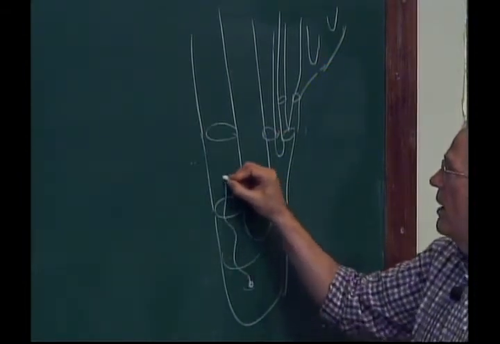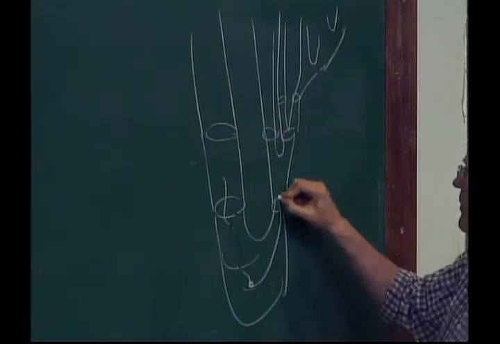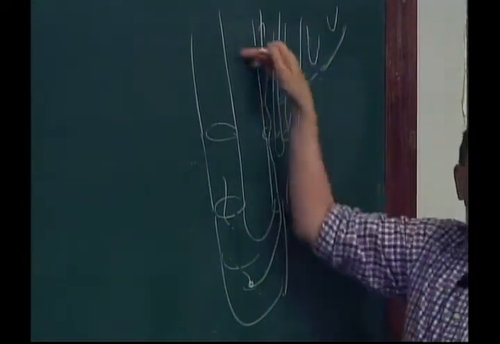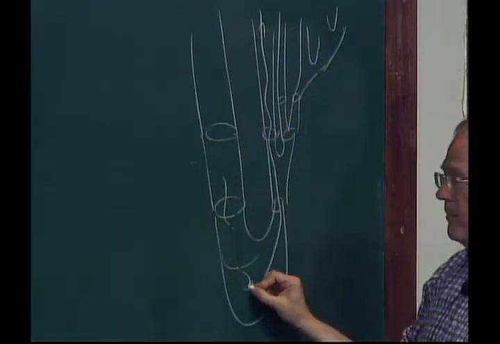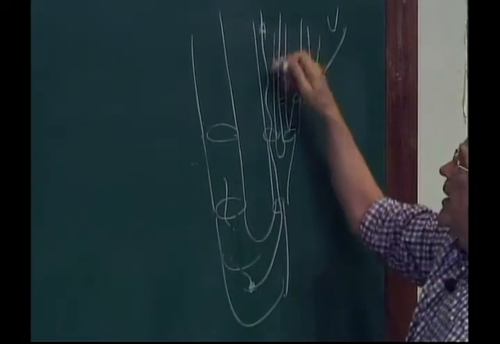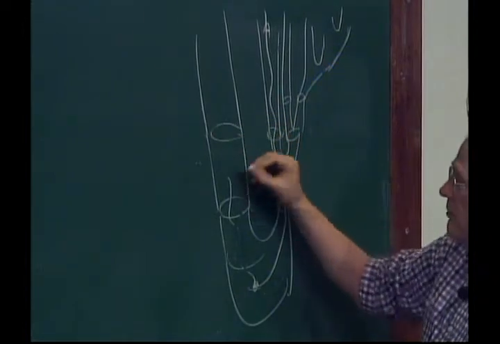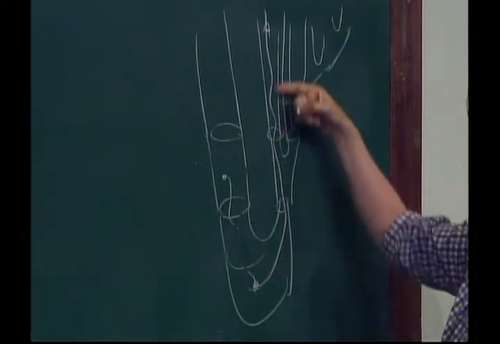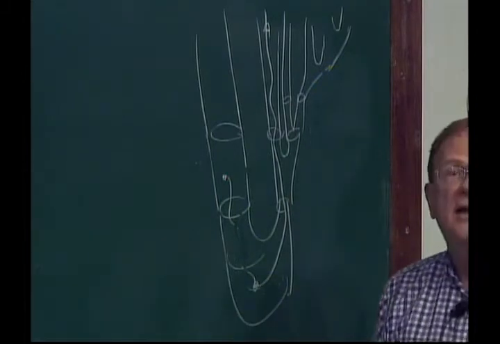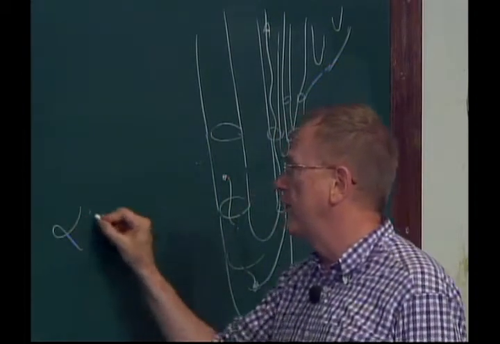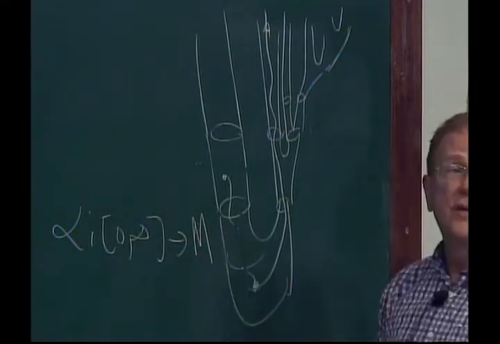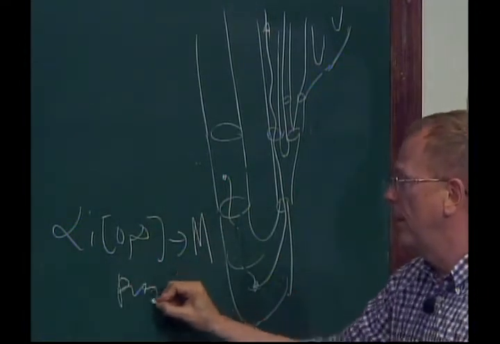So I want an arc which eventually leaves every compact set. So I pick a base point, and I look at proper arcs starting at that point that go to infinity. So I'm looking at alpha from 0 to infinity into the surface, and I want this to be proper.